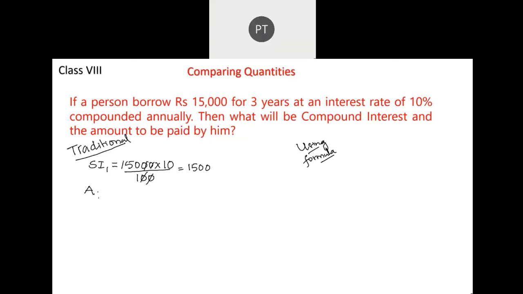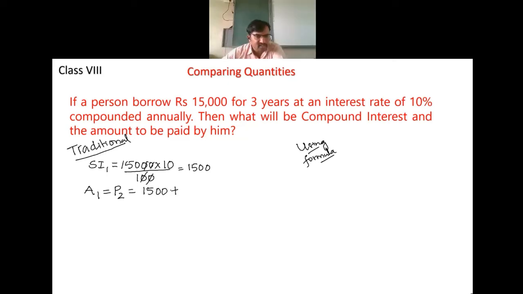So the amount at the end of the first year is the same as the principal for the second year. This will be equal to 15,000 plus 1,500. We get 16,500.